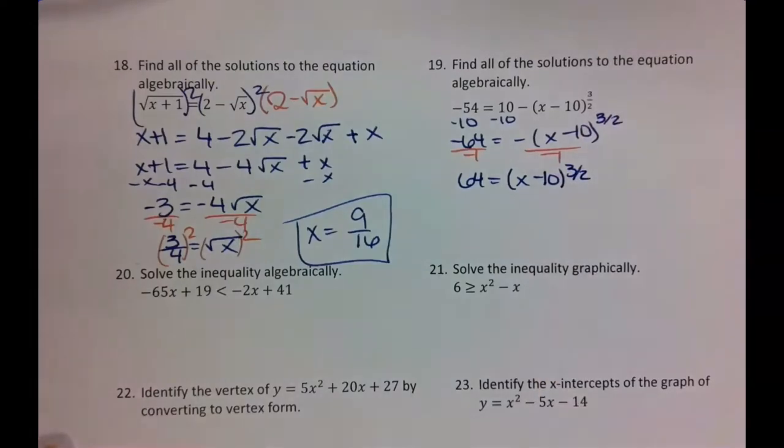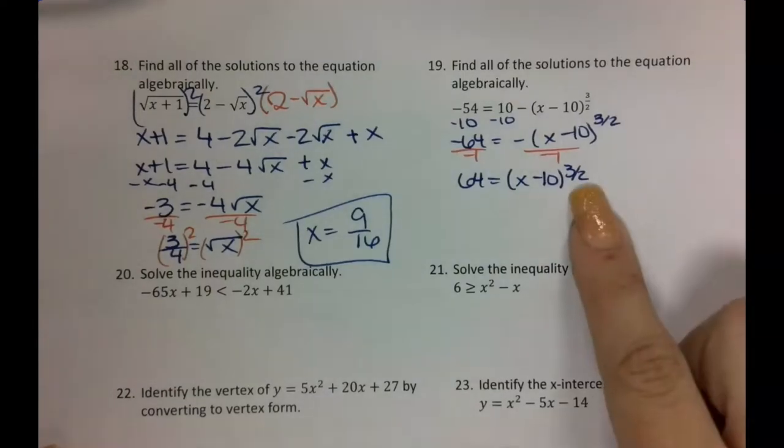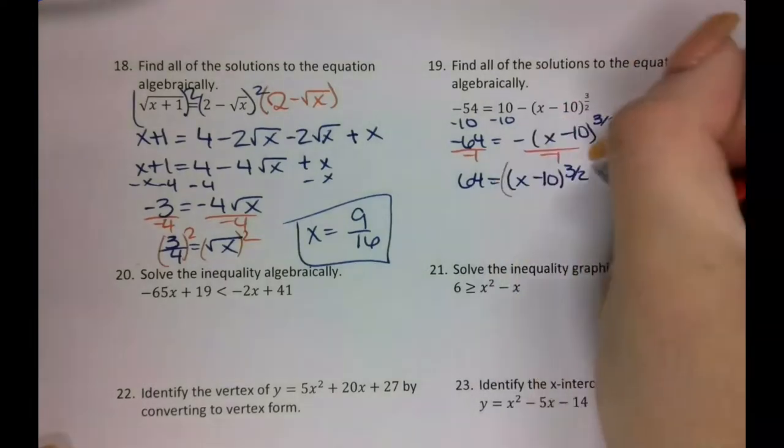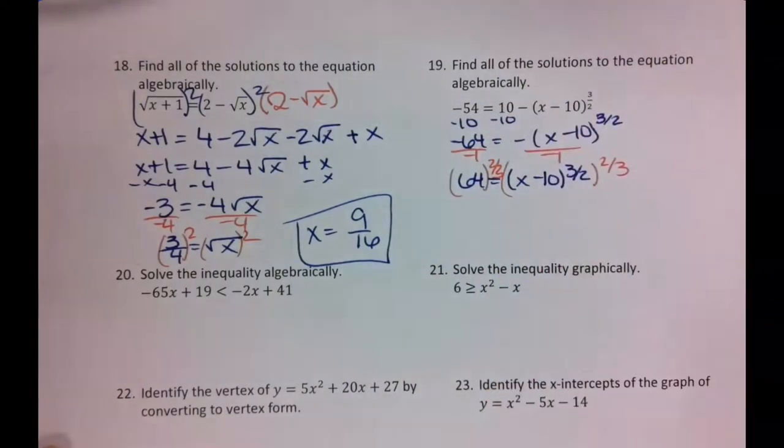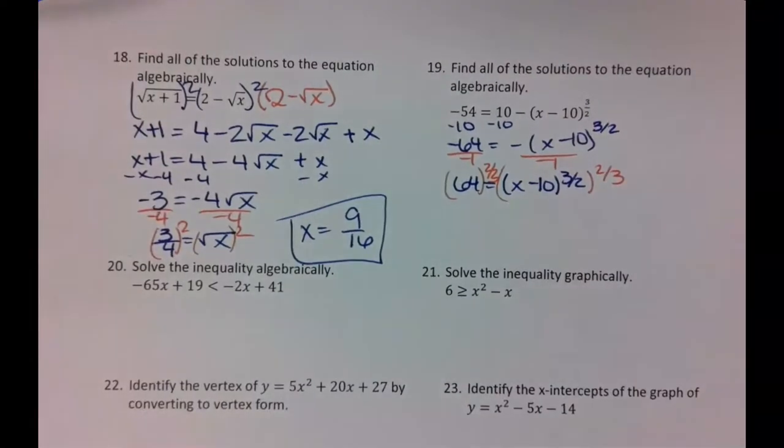Then I want to go ahead and raise both sides of my equation to the opposite exponent. So both sides are going to be raised to the 2/3 power. This is an exponent, and I am not multiplying something here. That was another common mistake on the test, people were multiplying here when they should have been raising to an exponent.